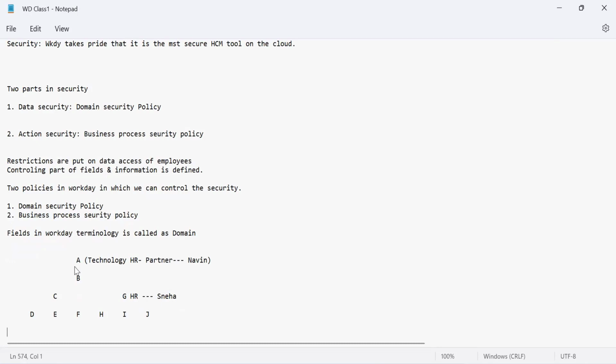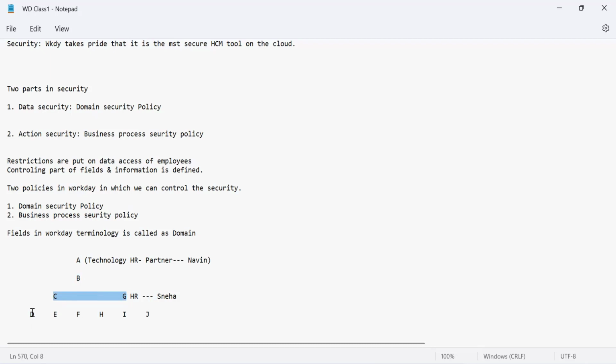Yeah. Hierarchy. Okay. So here I have created a hierarchy. Let's say I have a technology head sitting at the top, maybe a VP, and then you have B, let's say a senior assistant director. And then you have C and G, who are senior managers.